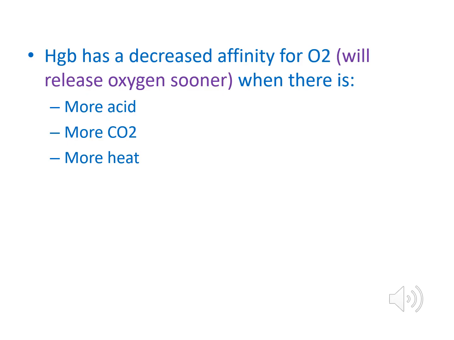So when there's a lot of those three things present, the hemoglobin knows that there's a lot of metabolism going on. And because metabolism requires oxygen, hemoglobin is going to start releasing oxygen sooner so it can support the metabolism and keep it going. Does that make sense?